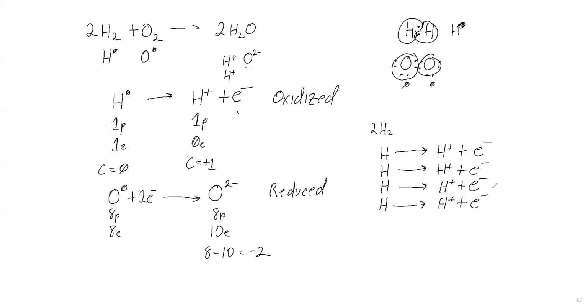So those 4 hydrogen atoms released a total of 4 electrons. And the oxygen atoms, there are 2 oxygen atoms, and each one of those took up 2 electrons to become oxygen 2 minus.